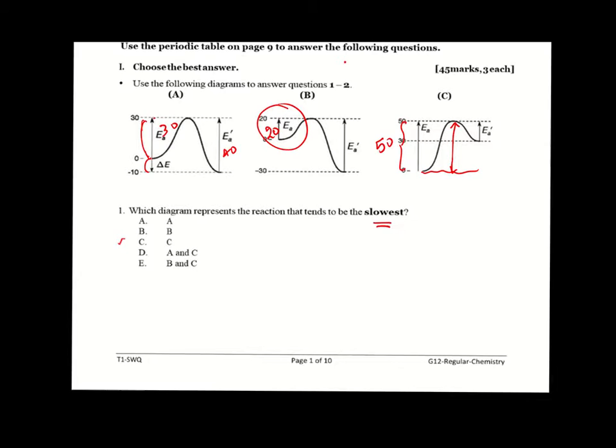Here is the EA for the reversible reaction, which is 50 minus 30 equals 20. So the activation energy for the forward reaction is 50, and the activation energy for the backward reaction is 20.